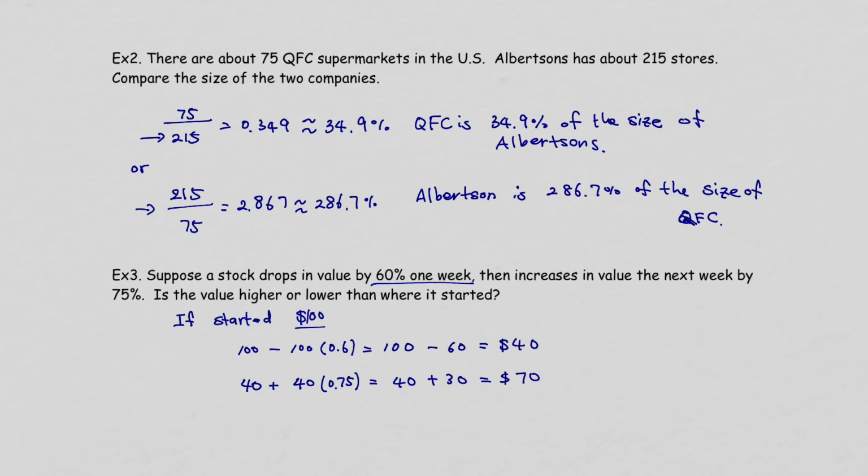It started from 100 and we end up with 70, so obviously it's lower. Even though it dropped a little and went up more, you're figuring out 75% from what has already dropped, so your 75% of the week's starting value is just $30. That's why the stock is lower than when it started.